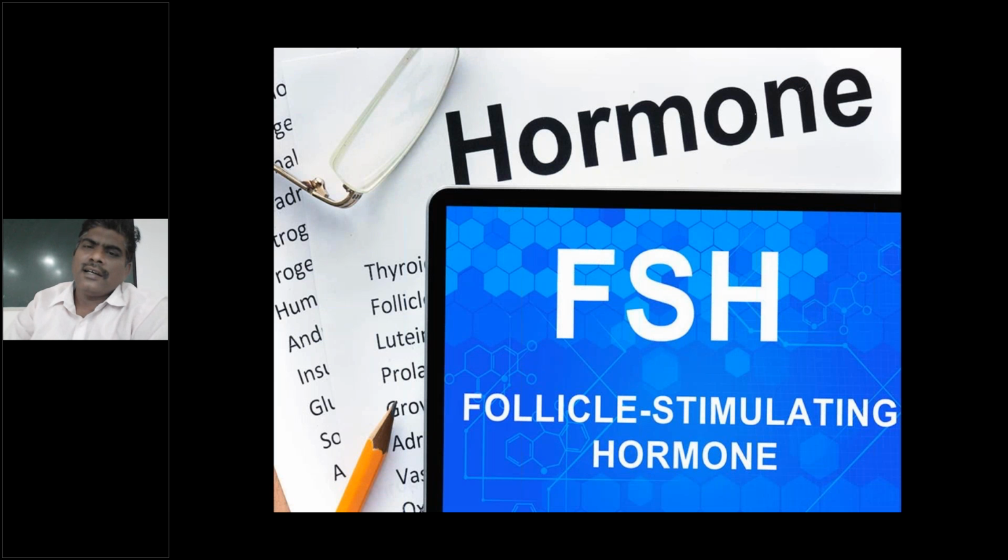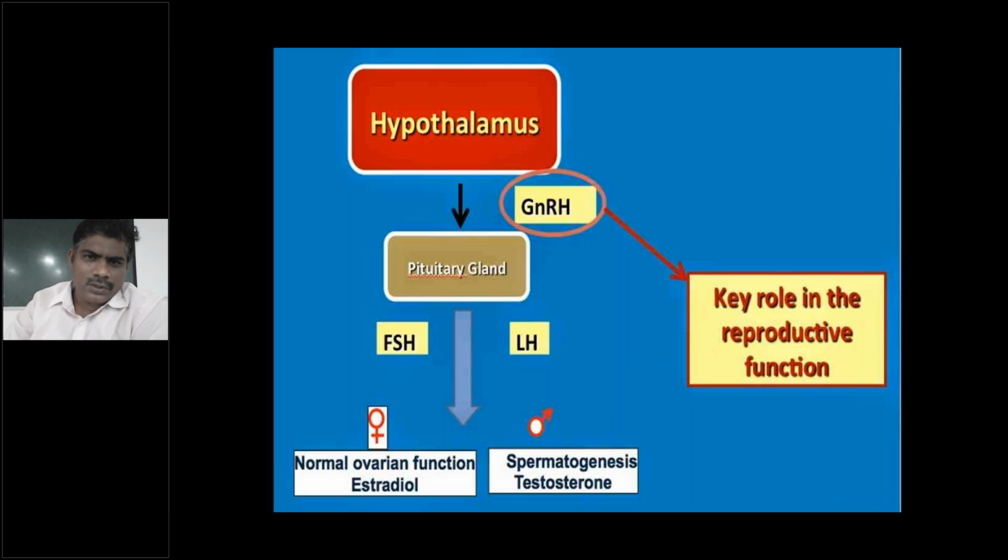Let's focus on the follicle-stimulating hormone. For the release of follicle-stimulating hormone and luteinizing hormone from the anterior pituitary gland, as all of you are aware, the release of these hormones from the anterior pituitary gland is under the control of the hypothalamus.